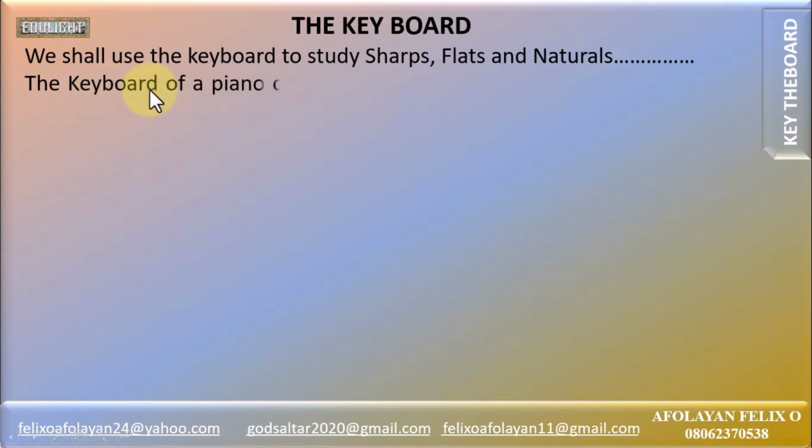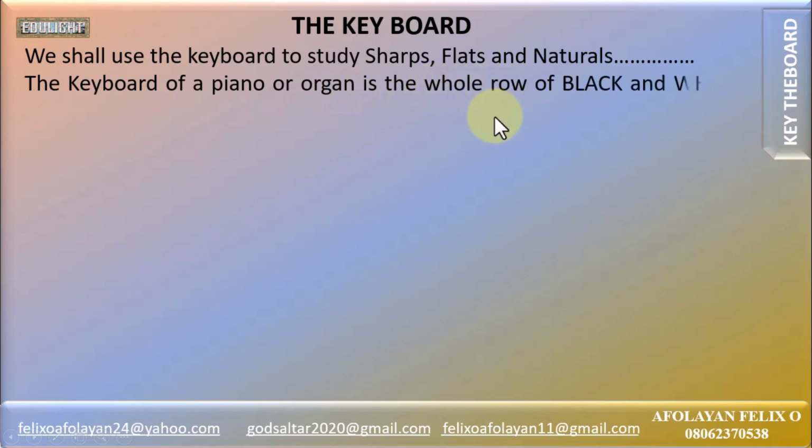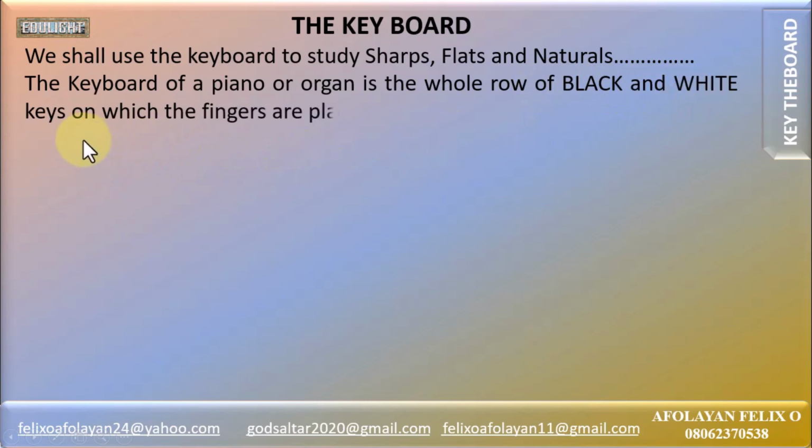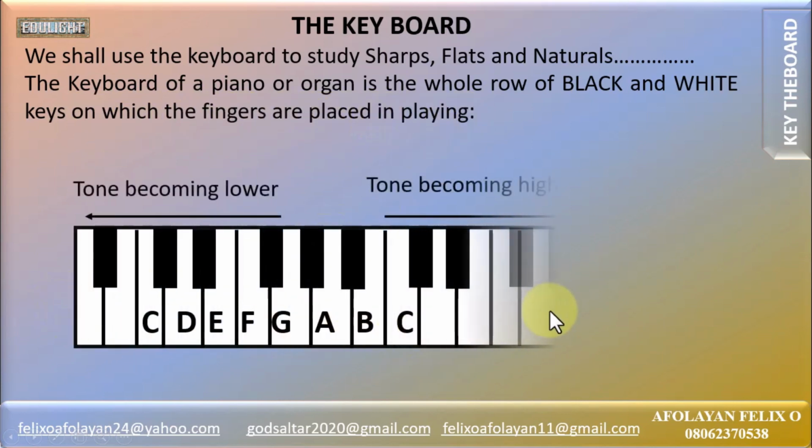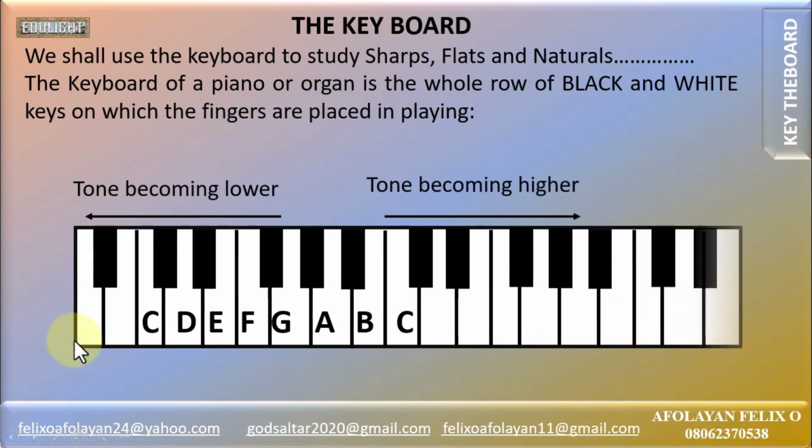The keyboard of a piano or organ is the whole row of black and white keys on which the fingers are placed. And this you can see. You play just as you see in this illustration.